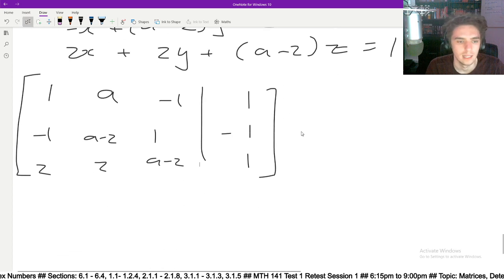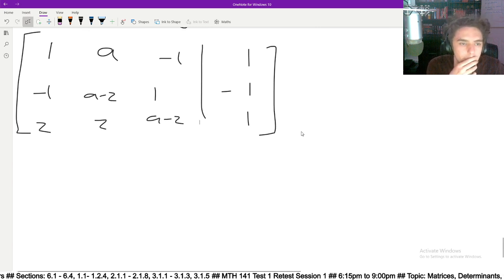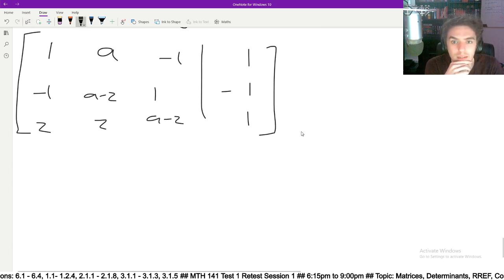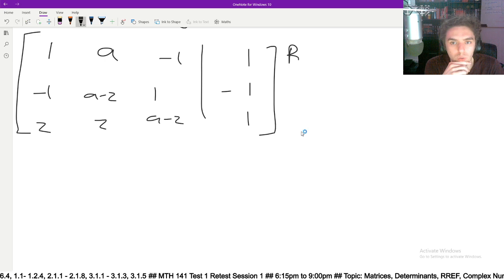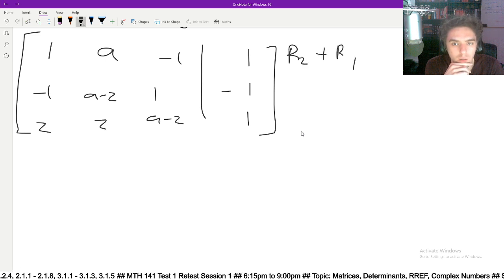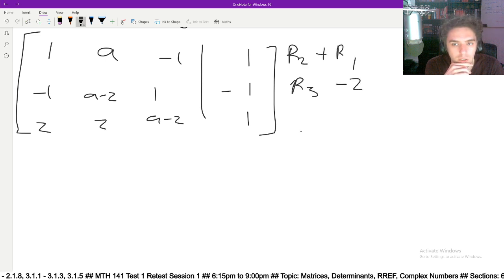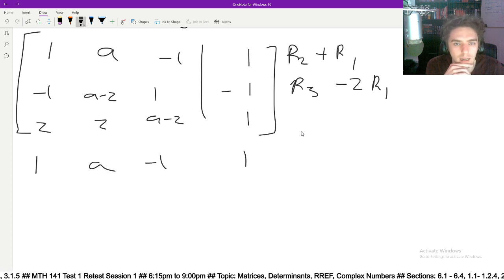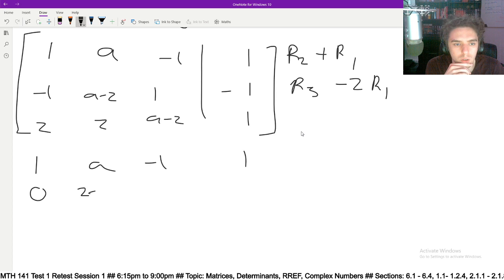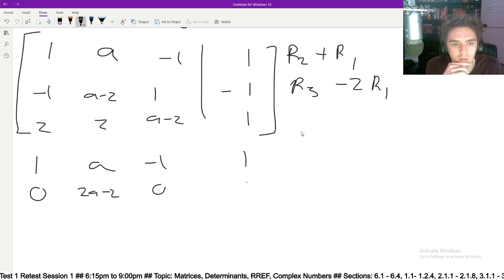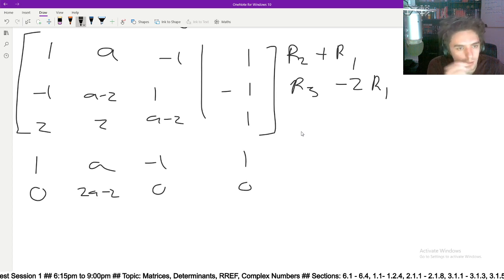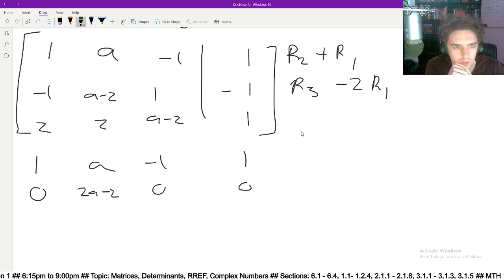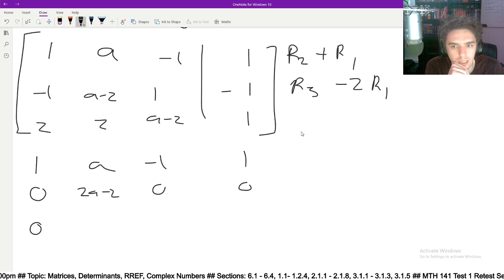Good. Then I'll get going. So row 2 plus row 1, row 3 minus 2 row 1. So 1, a, minus 1, 1; 0, 2a minus 2, 0, 0. Well, we already kind of have our thing for the answer, so we don't even have to do this. But anyway, row 3: 0, 2 minus 2a, 2 minus 2a.